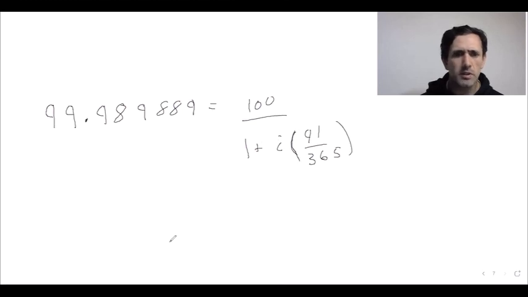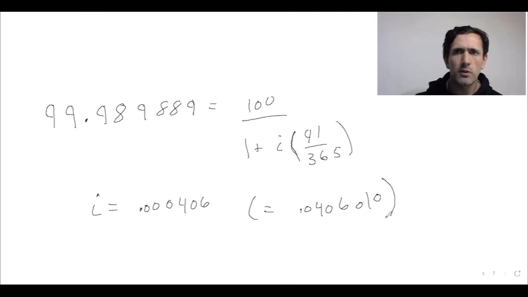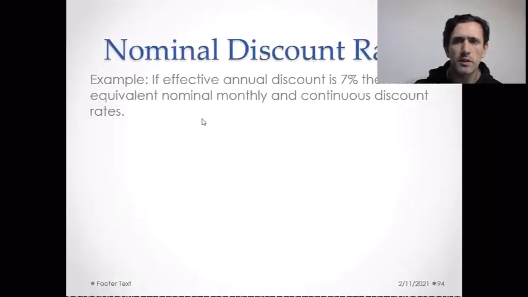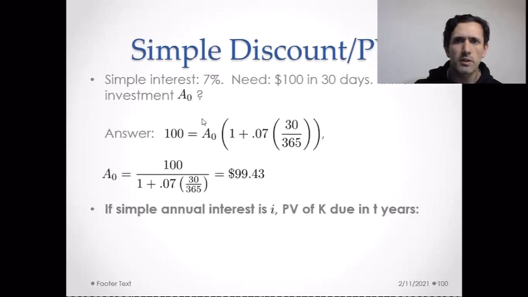Simple algebra is going to give me, if I solve for i, 0.000406, which is 0.0406%, which is pretty close to what's in the table.